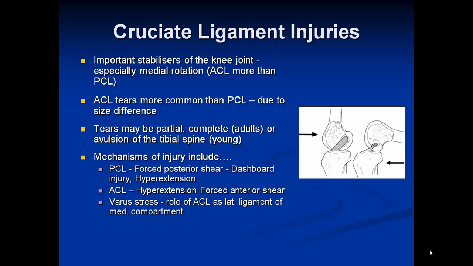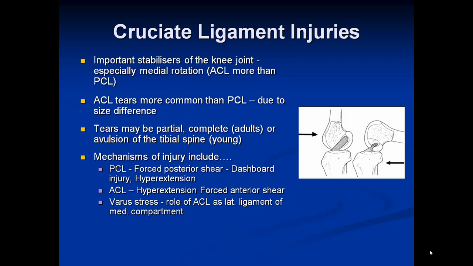The mechanism of injury for the ACL often includes a hyperextension or forced anterior shear of the tibia relative to the femur. For the PCL, this will be the opposite, such as a dashboard injury where there is a forced posterior shear of the femur relative to the tibia.